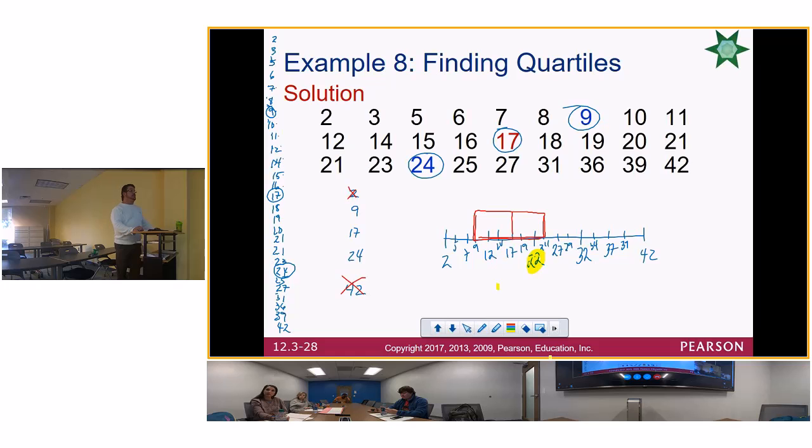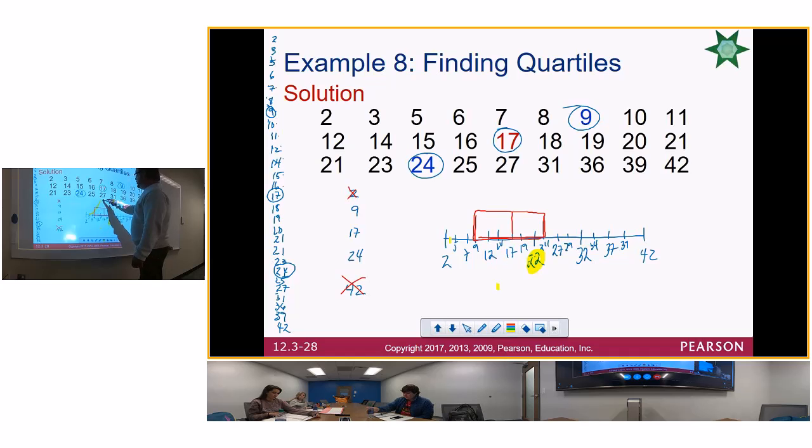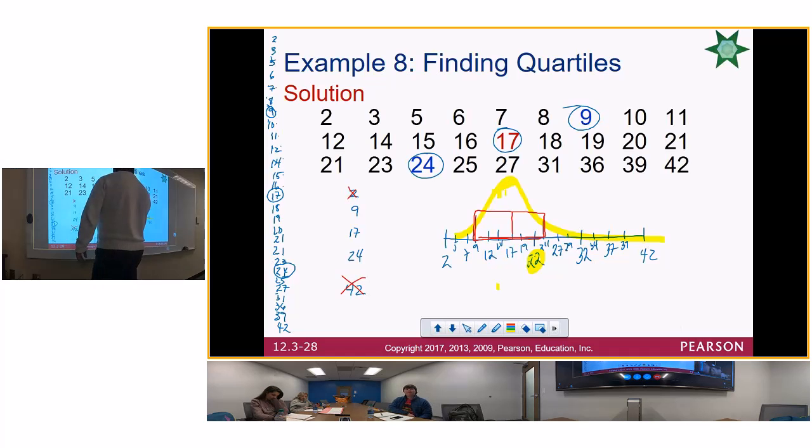Now the hump is not in the middle where it's supposed to be. The hump is on which side of the 22? The left side. So that means your data is on the left side of the center, which means you have a skewed right. It's always the opposite. Here's all your data right here.